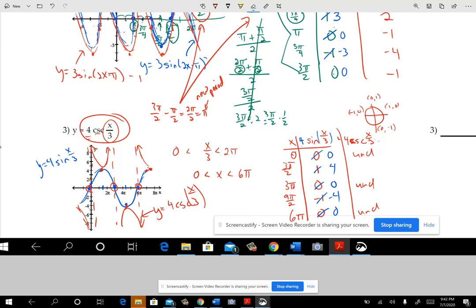So you would compare to these values, the red ones, and you would do 1 over 0, 1 over 1, 1 over 0, 1 over negative 1, 1 over 0, and you would get the values, okay? And then you would say, all right, now I'm going to do the 4 part, and you would come in and do the 4, okay? Well, that would stay undefined. This would become 4. That would stay undefined. This would become negative 4, and that would stay undefined.